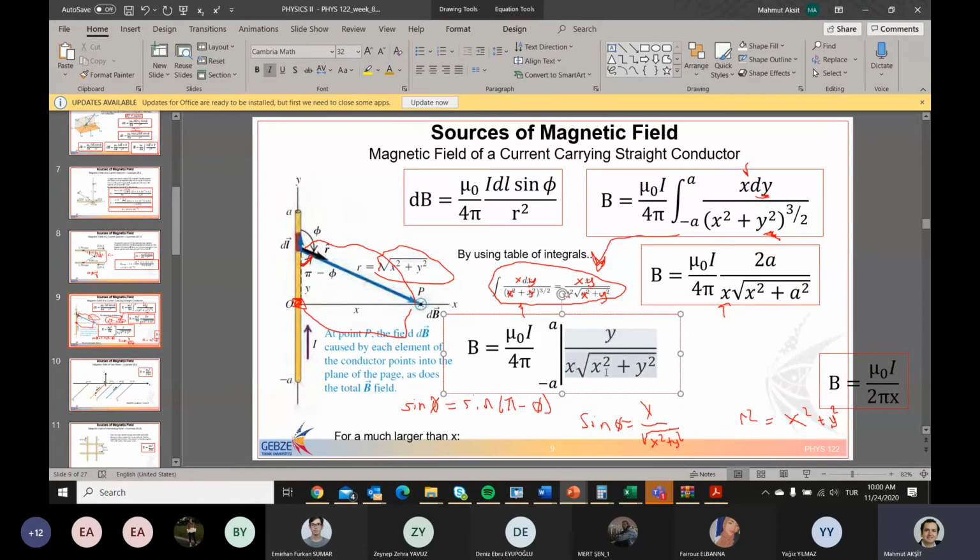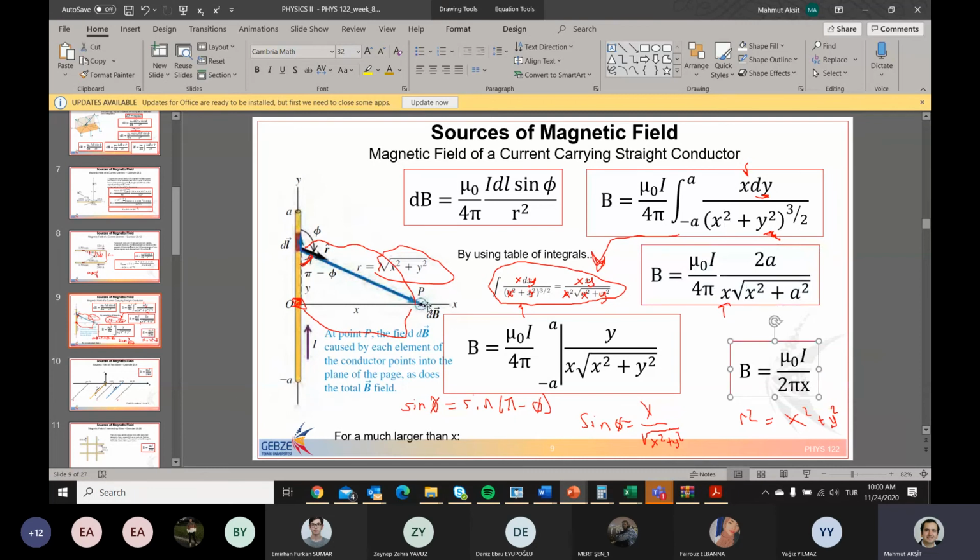Right, this is x, not a. So in total, at the end, after you do this calculation, you get for B field mu 0 I over 4 pi 2a divided by x square root of x squared plus a squared. So that's the exact calculation.